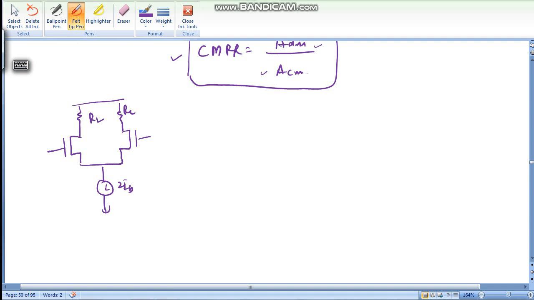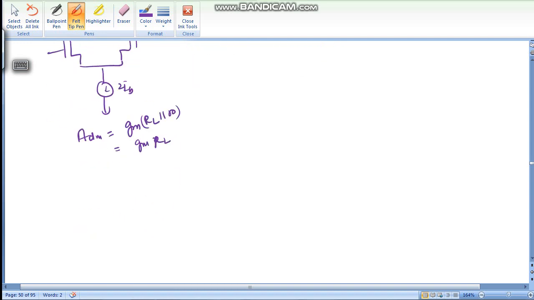First we will find out ADM. ADM we already found out for this topology is GM RL parallel RO, or we can write it as GM RL in case RL is less than RO.